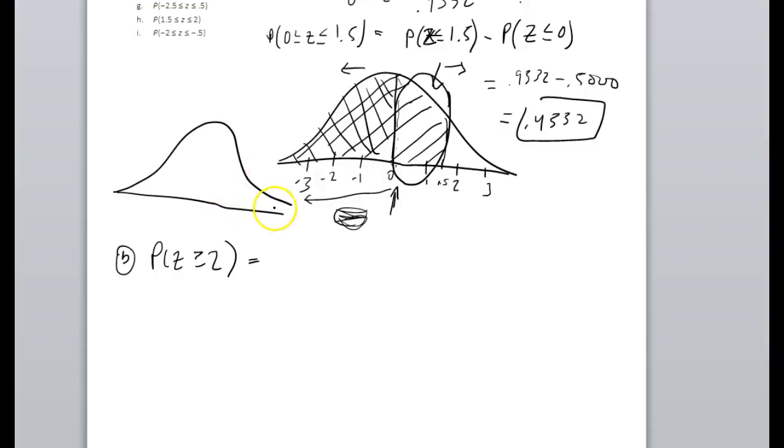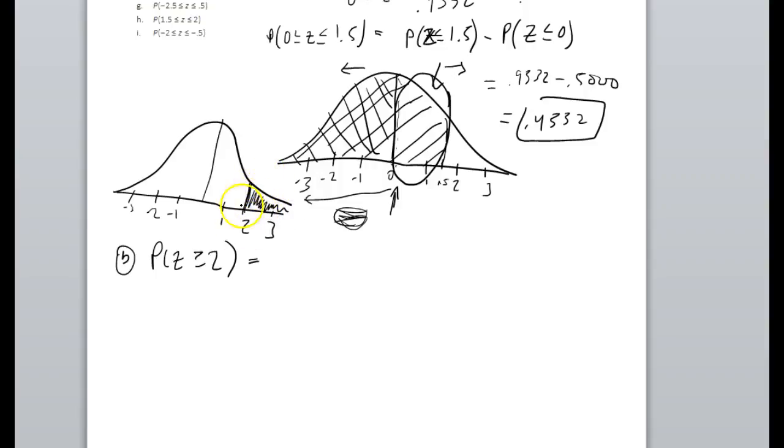1, 2, 3, -1, -2, -3. This is asking for this point right here and the area right there.